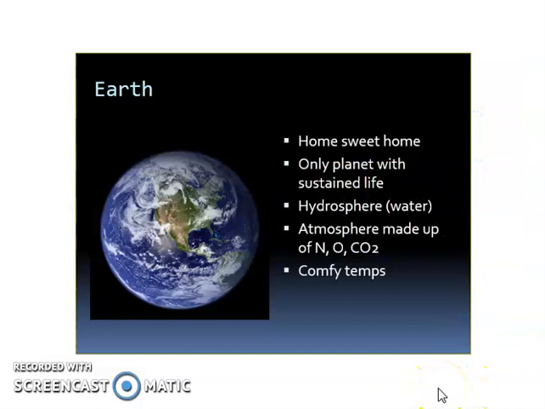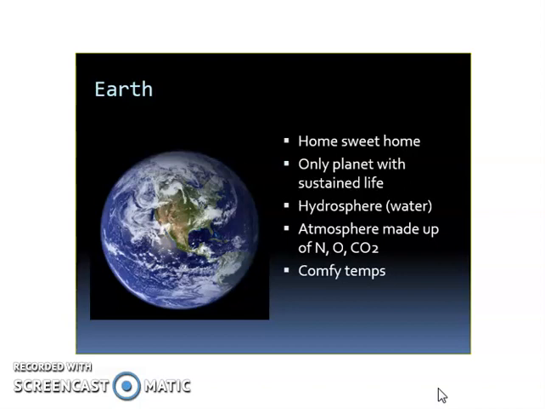Okay, Earth is our home sweet home. This is the only livable planet, the only planet with sustained life. Our planet also has a hydrosphere, which is the water part. At the same time, our atmosphere has nitrogen, oxygen, and carbon dioxide, which is suitable for humans, plants, and animals. The average temperature is 15 degrees Celsius.